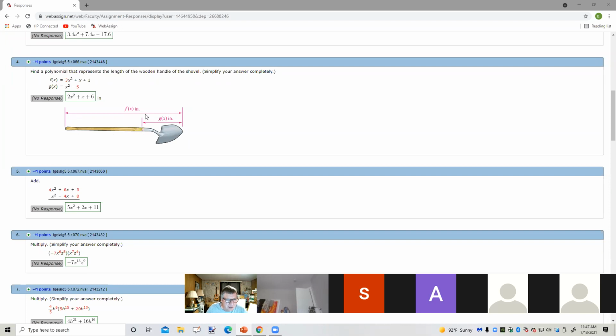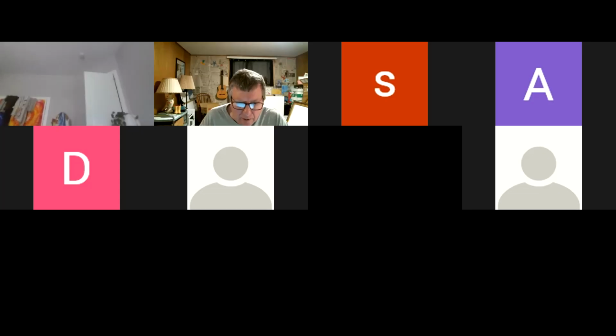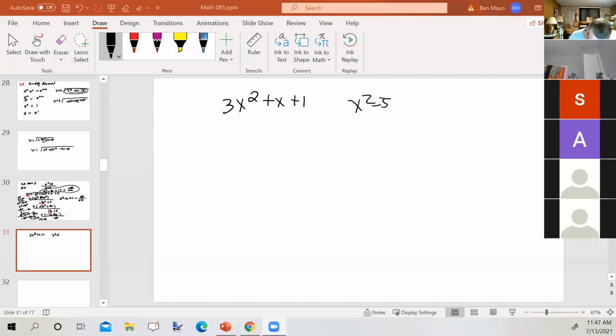You'd take the entire length minus the metal piece. Does that make sense? Oh, okay. Is that yes? You're seeing it? Okay. Yes. All right. So my problem is going to look like that. I've got the entire length minus the metal piece.